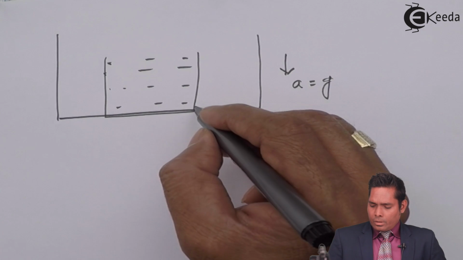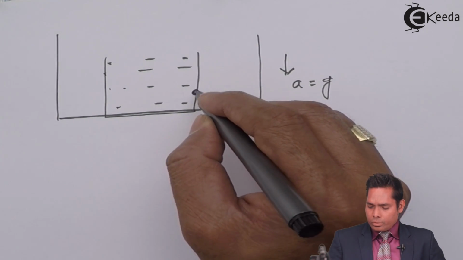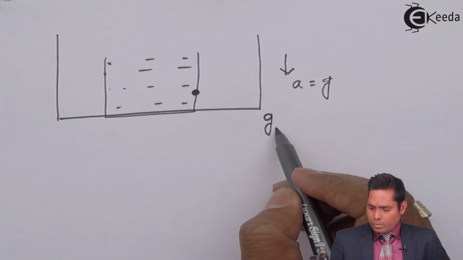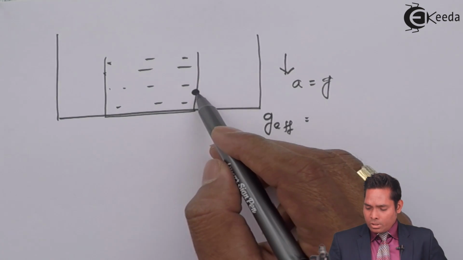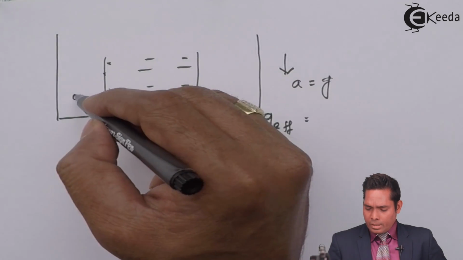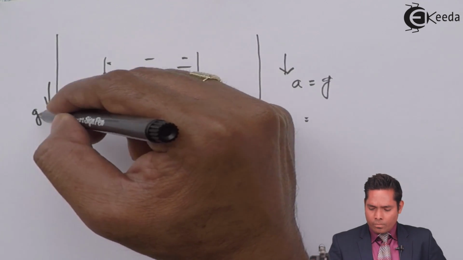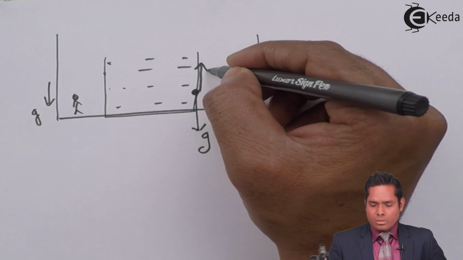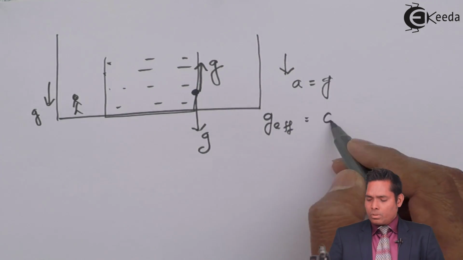Then g effective: because this is experiencing g downward, and this system is a non-inertial frame moving downward with g, we have to apply a pseudo force in the opposite direction with acceleration g, so g effective becomes 0.